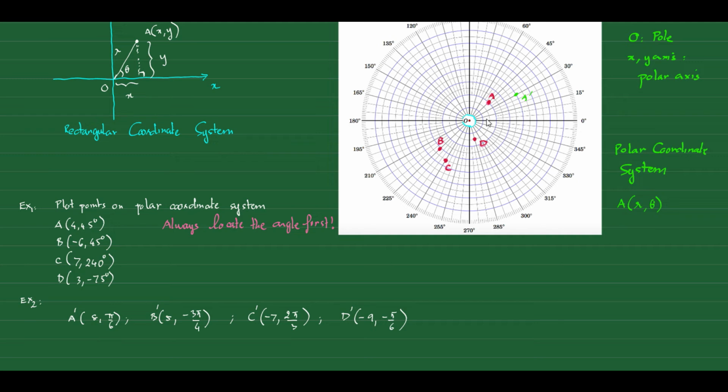That's A prime. The color is not good, right? Let's see. 1, 2, 3, 4, 5, 6, 7, 8, should be right over here. There you go. Purple is not good either. Maybe this one.